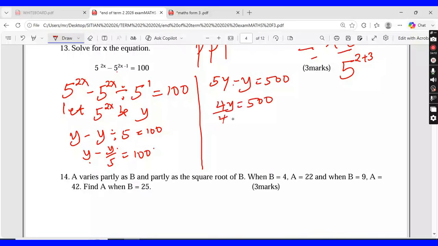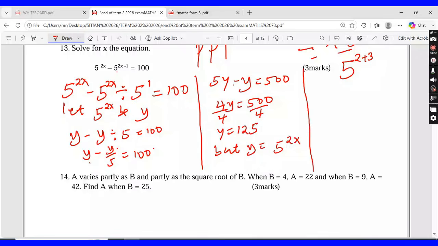So you divide by 4 both sides. You get that y is equal to 125. But we said that y is equal to 5 raised to power 2x.